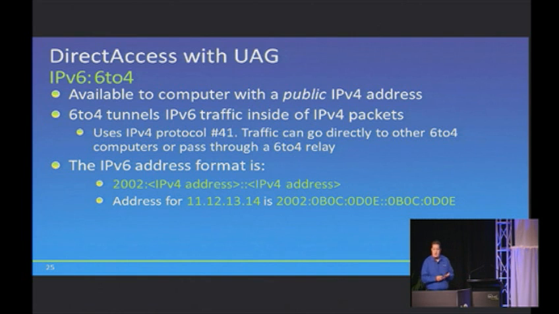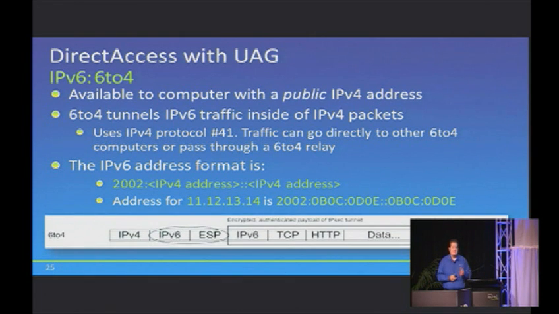So the first of the translation technologies is 6to4. When my computer has a public IPv4 address, I'm able to use this technique. It basically just tunnels the IPv6 traffic into IPv4 traffic. Pretty straightforward, and it uses protocol 41 to do that. So what happens is it encapsulates the IPv6 traffic into IPv4.